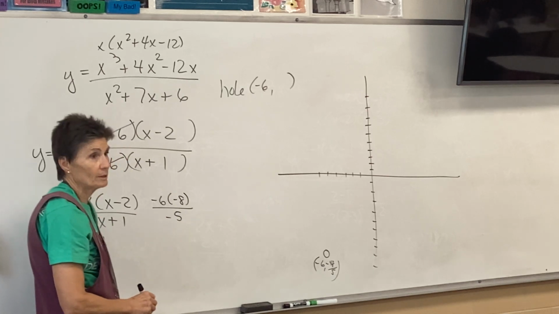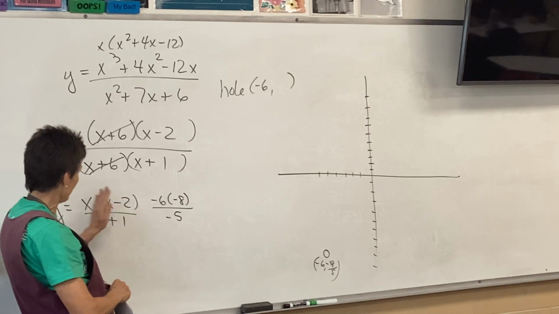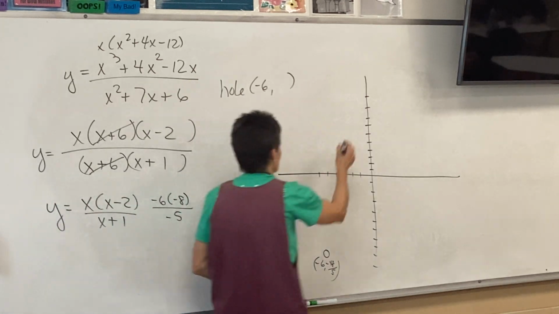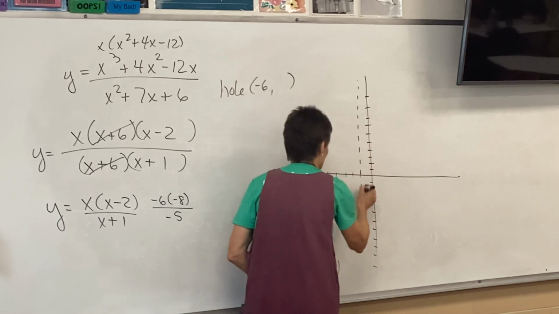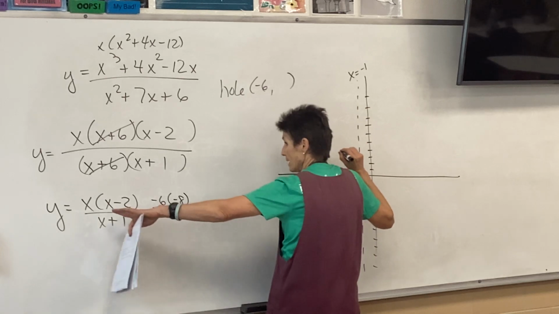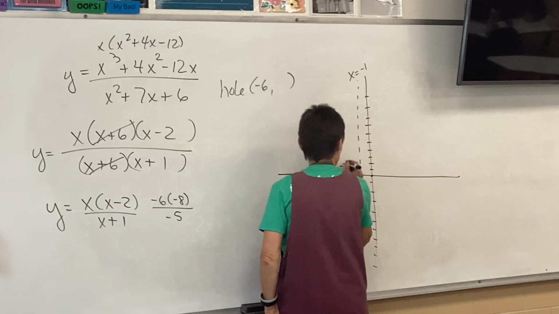So far, so good. What else is in my picture? What have I got here? Look at what we got right here. What else can I put in? Vertical asymptote at -1. x equals -1. And x-intercepts actually at 0 and -2.